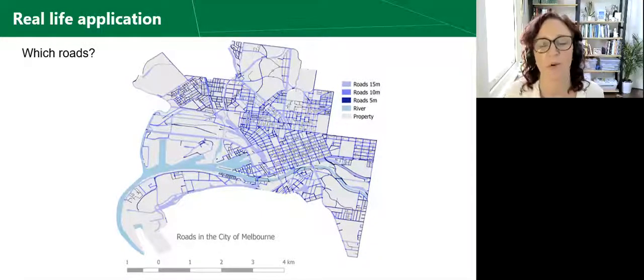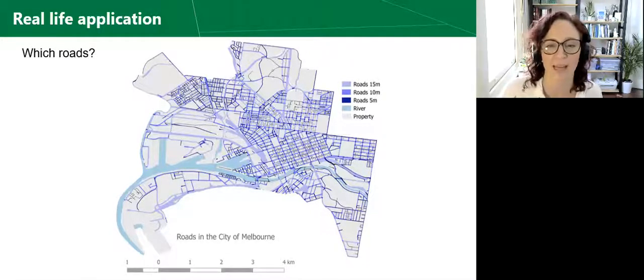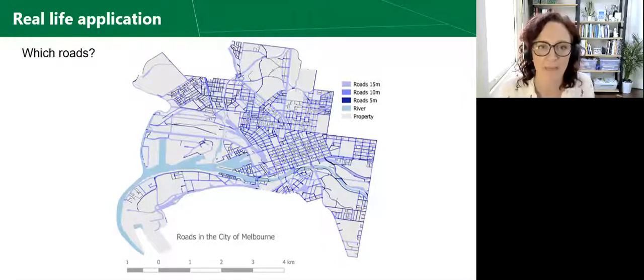The City of Melbourne have some great initiatives to create green corridors along some of their roads, to slow the traffic down on them, and possibly even to close some off and create parks. So which of the road segments in the City of Melbourne would have the biggest effect on connectivity?